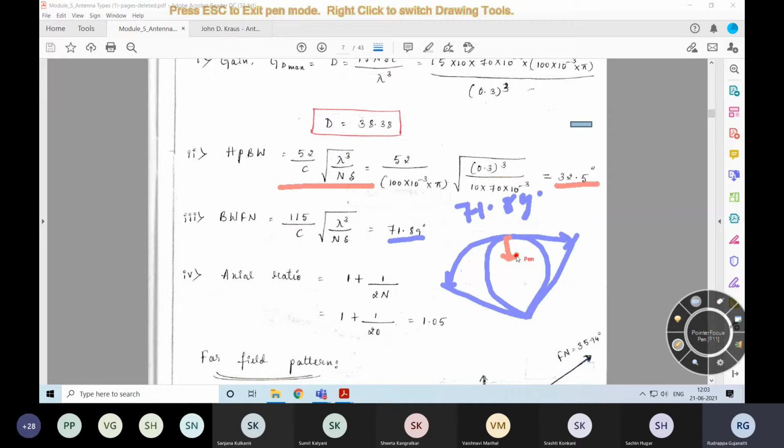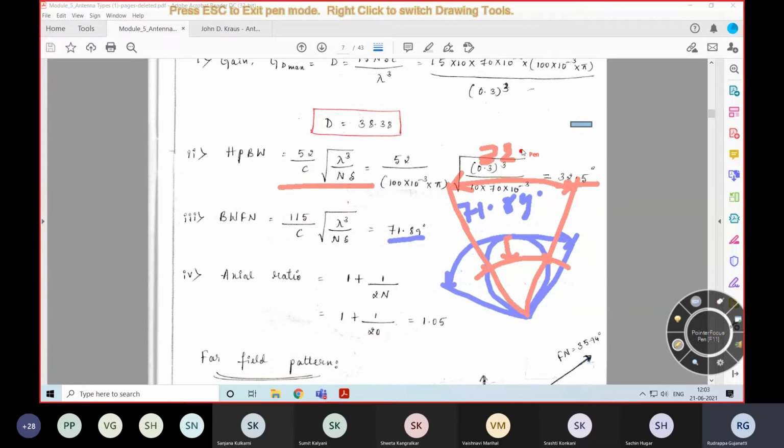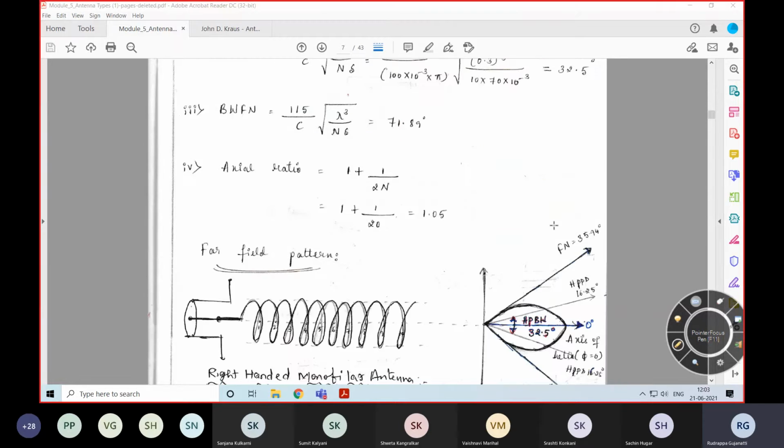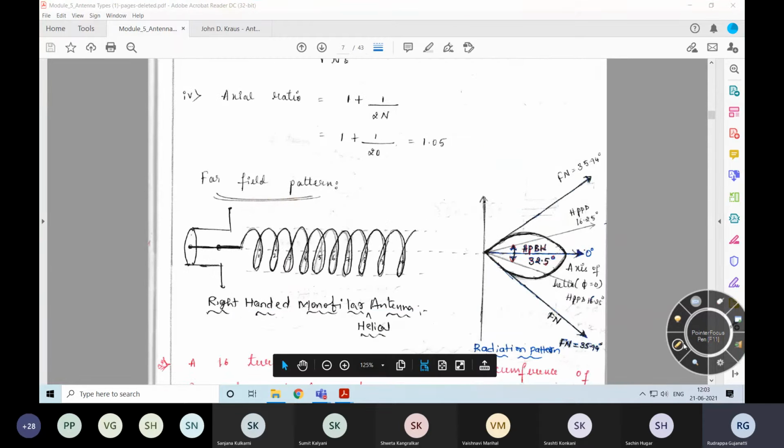If it is a field plot, you have to come by 1 by square root of 2. At that point, you try to see where the points for half power beamwidth are. If I measure along this angle, I'll get an angle of 32.5 degrees. That is what they have represented over here.